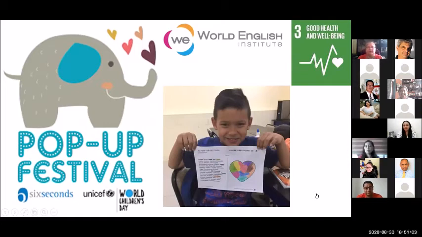This is a very interesting activity because the students develop different kinds of projects to express their emotions about different global issues, but also, and the main aspect here, to take care of their own emotional well-being.